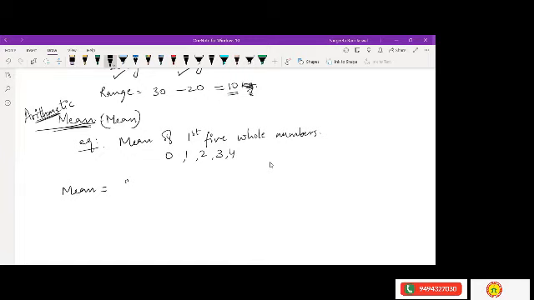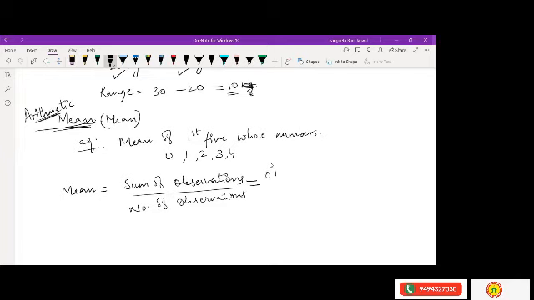Mean is the sum of observations upon number of observations. Now, when I take this example, the mean of the first five whole numbers, first the sum of observations.